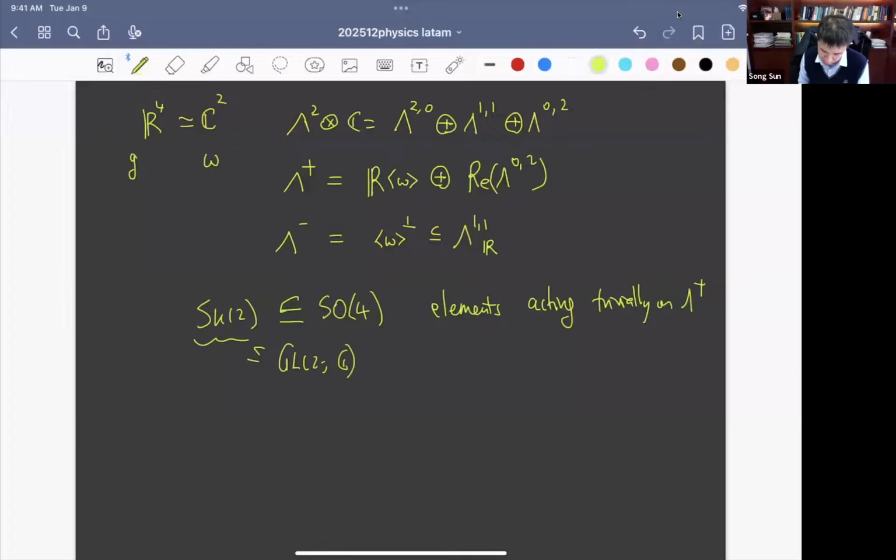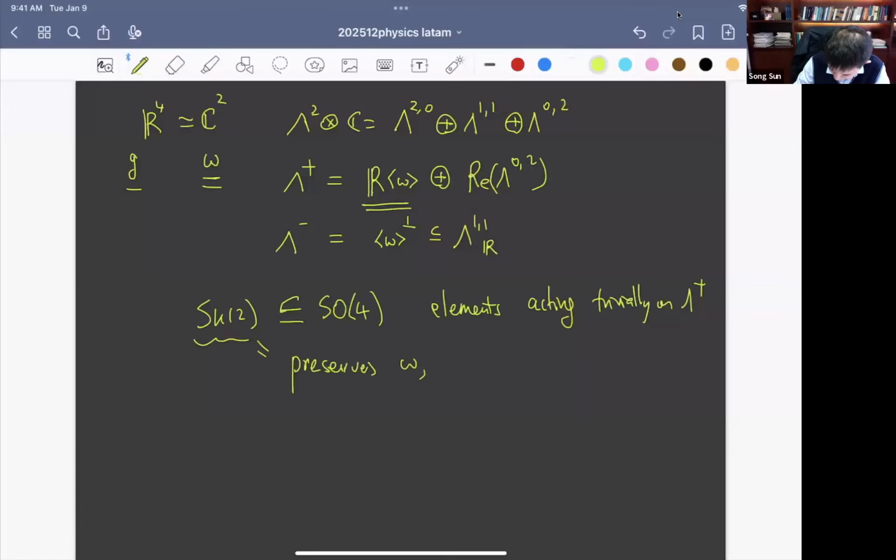It preserves the complex structure, and so it preserves, or it's the same. You already preserve the metric g. Preserving complex structure is the same as preserving omega. So it preserves omega, and its determinant equals 1.